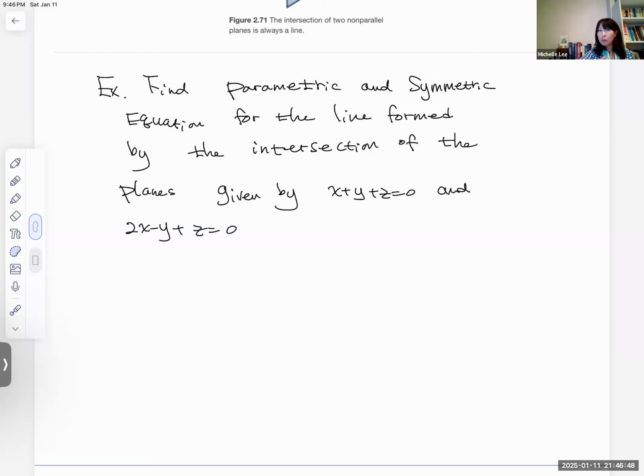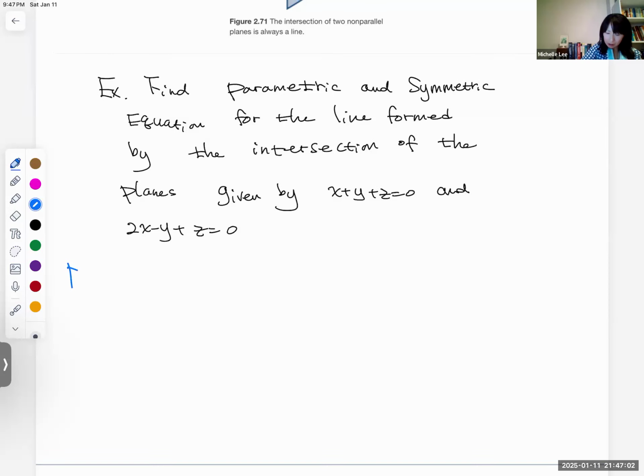So for a line, the form is parametric or symmetric, right? Parametric: we have x equal to x naught plus at, y equal to y naught plus bt, z equal to z naught plus ct.